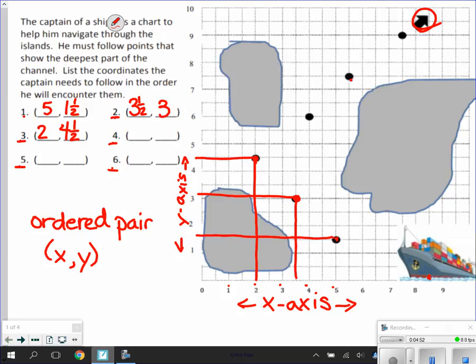Then, so it went here, went here, went here, and now it went here. So this spot is at 4. Then it went to 6. So it went here, then here, then here, then here. Now it goes up to there. So it goes all the way down to 5.5.